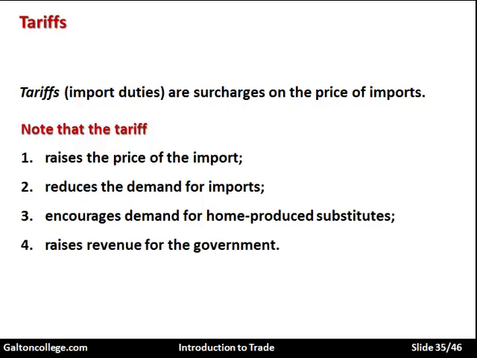If the public buy the imports, of course, it raises revenue for the government. The government receives the tariff. So each item imported pays a tax and the government receives the tax, which goes into the government coffers to be used in terms of budgets and can be used during the cycle of budgeting that the government goes through.